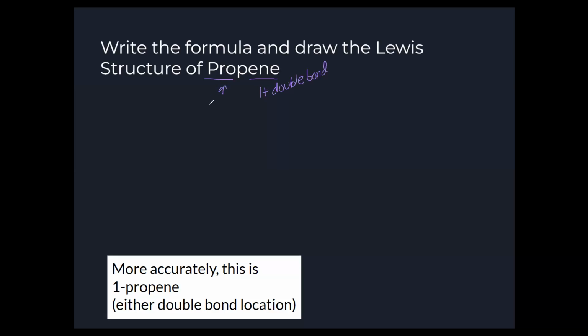Pro, me eats peanut butter. It's the third one. So we have 3 carbons. Now this guy tells me that I have a double bond at spot 1. So that is the additional thing. Spot 1, double bond.